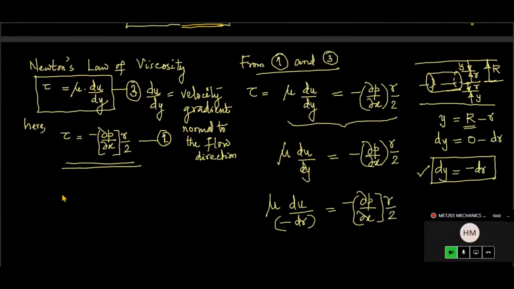So if you rearrange this expression, what I want is an expression for du. So moving the sides around, what will we get as an expression for du? That is what we need.